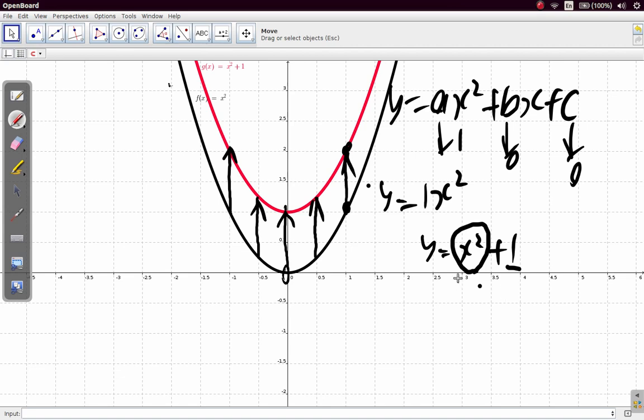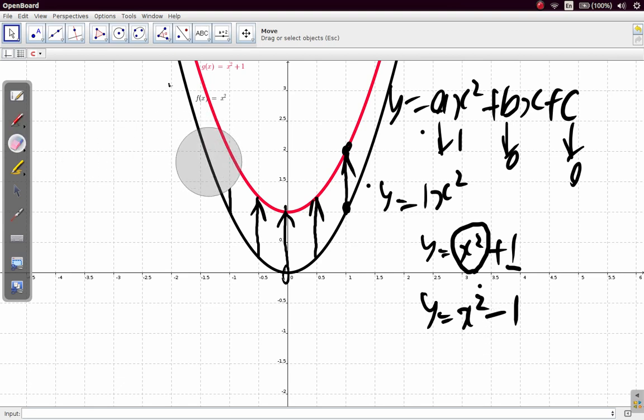Now I would expect that if I have y equals x squared minus 1, it should look like y equals x squared, but moved downwards 1 unit. If y equals x squared plus 1 moves y equals x squared up by 1 unit, then y equals x squared minus 1 should move it down by 1 unit.